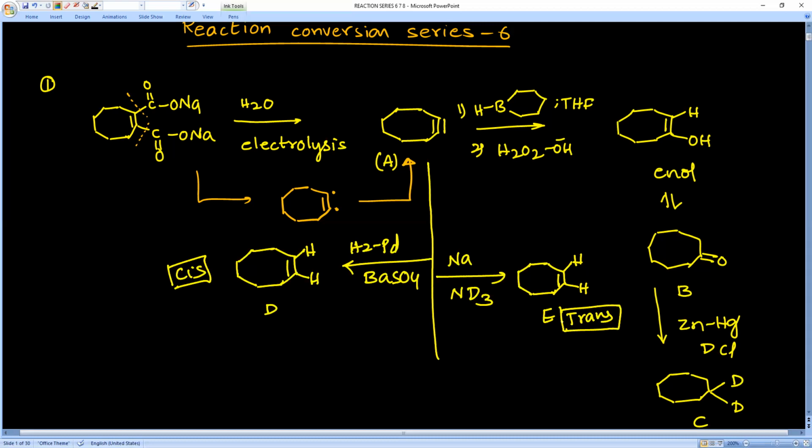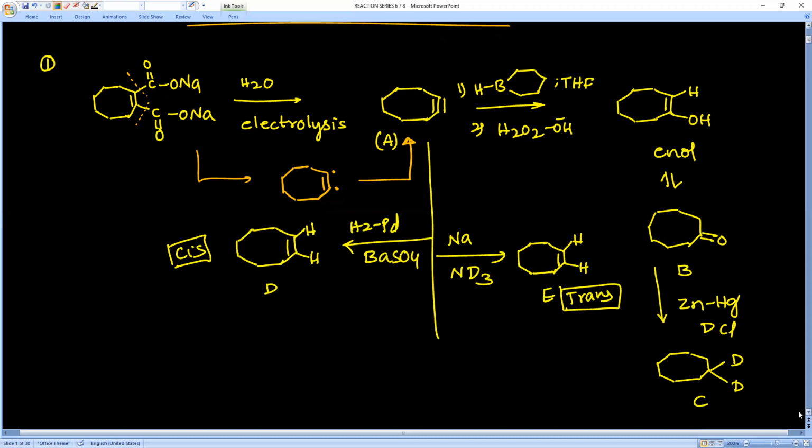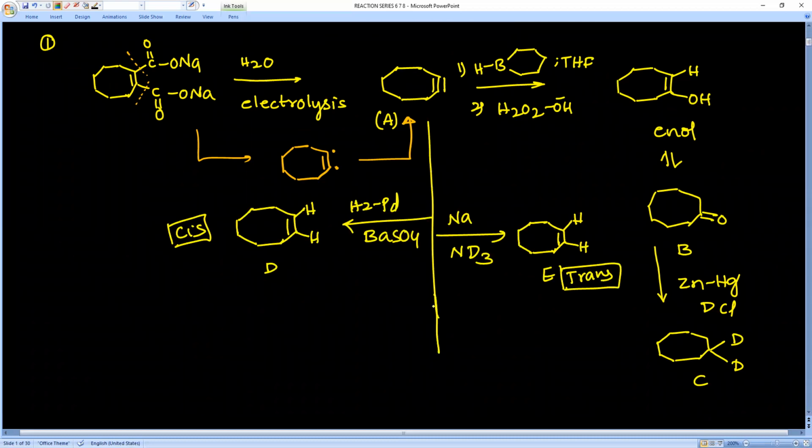Next one is this compound A is treated with BD3, which means one pi bond gets dissociated, and on one carbon deuterium and on another carbon boron attacking takes place.